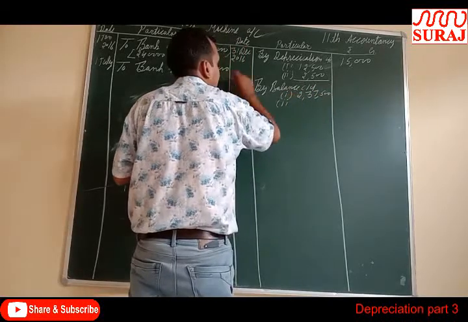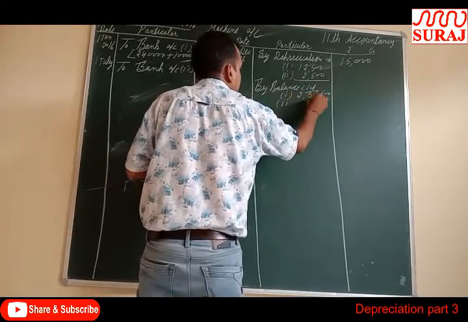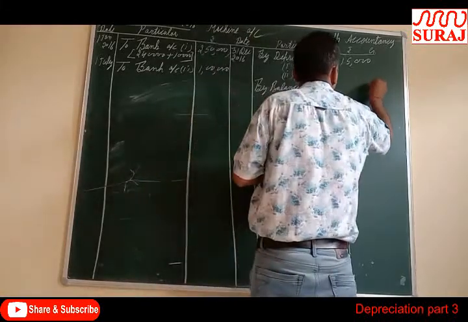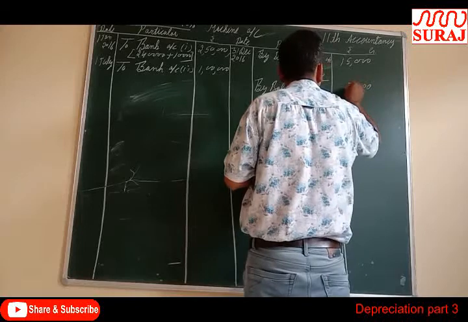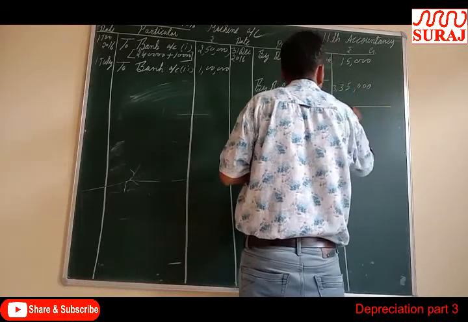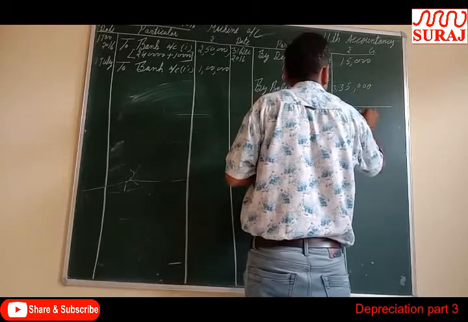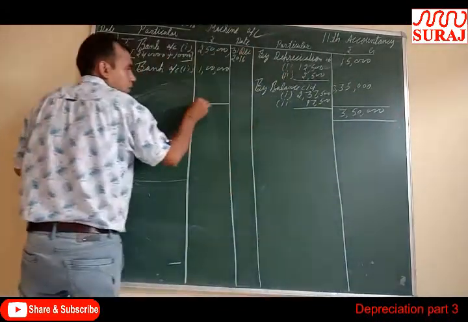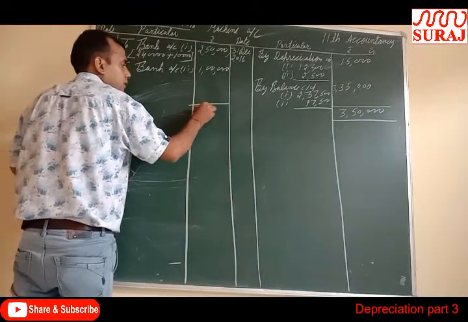Second 1 lakh minus 2,500 is 97,500. Total 3,35,000, and dear students, it is also 3,35,000.